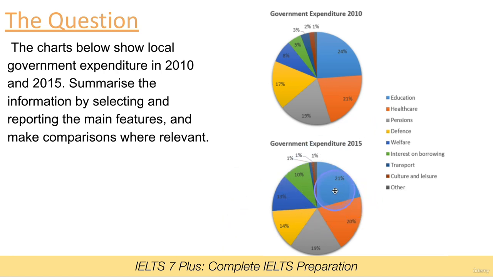So they follow similar patterns. We're quite similar in a lot of ways, so we can absolutely make those comparisons. I'm just thinking if there's a striking difference. The largest difference is probably welfare. That jumps up by 8%.